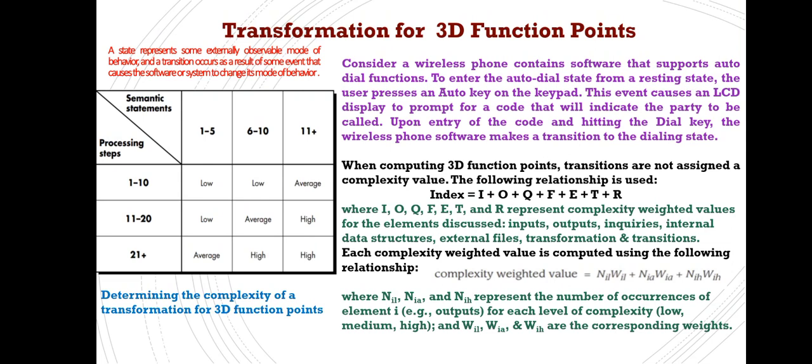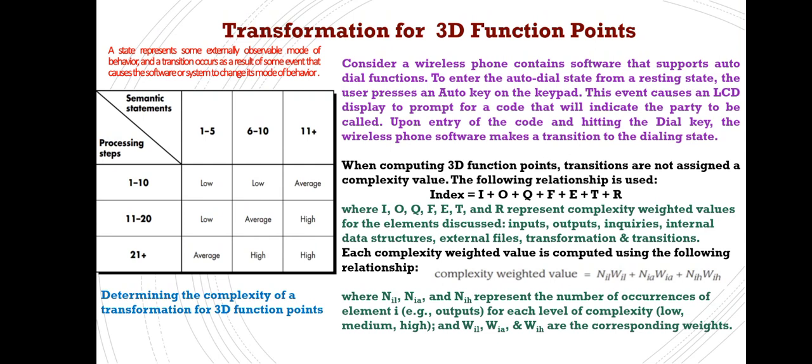When computing 3D function points, transitions are not assigned a complexity value, but the following relationship is used. In order to calculate the index value, we need to consider all the weighted values for the elements.